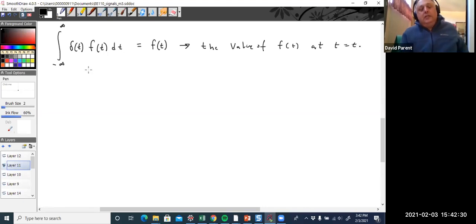So this definition comes out of the fact that when you integrate over the area of a delta function, you get 1. This isn't a function in time. It's whatever this is at time t equals whatever, that's the value you're going to get. You're going to get a finite value.